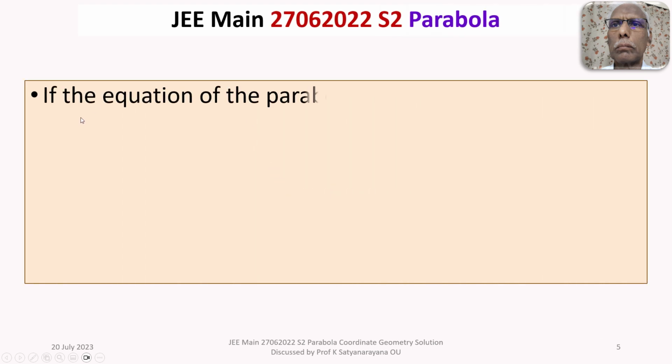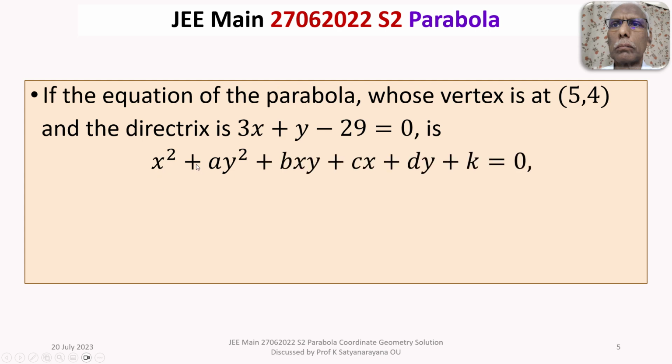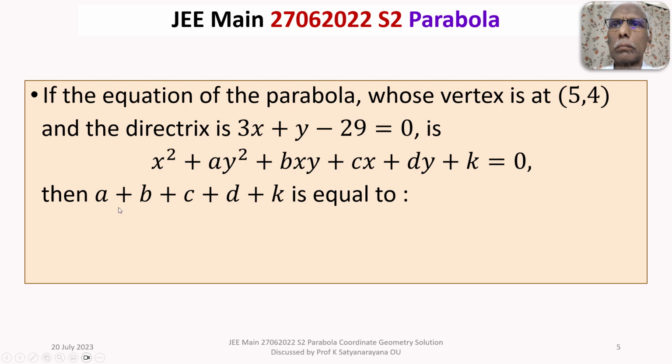The given question is, if the equation of the parabola whose vertex is at the point (5, 4) and the directrix is 3x + y - 29 = 0 is x² + ay² + bxy + cx + dy + k = 0, then a + b + c + d + k is equal to.